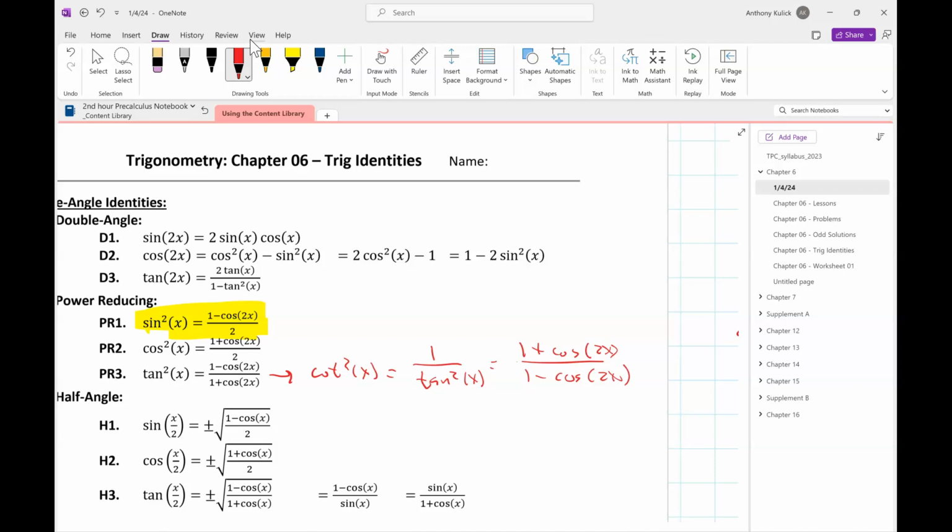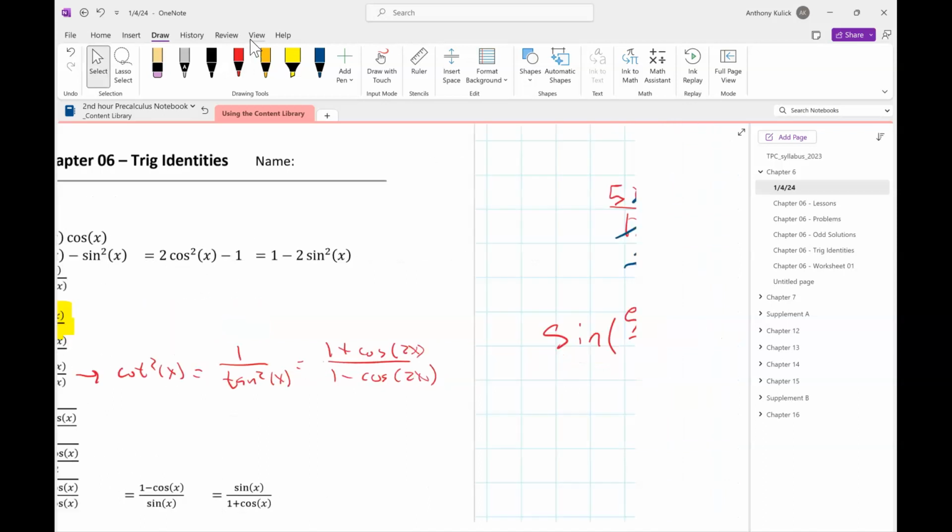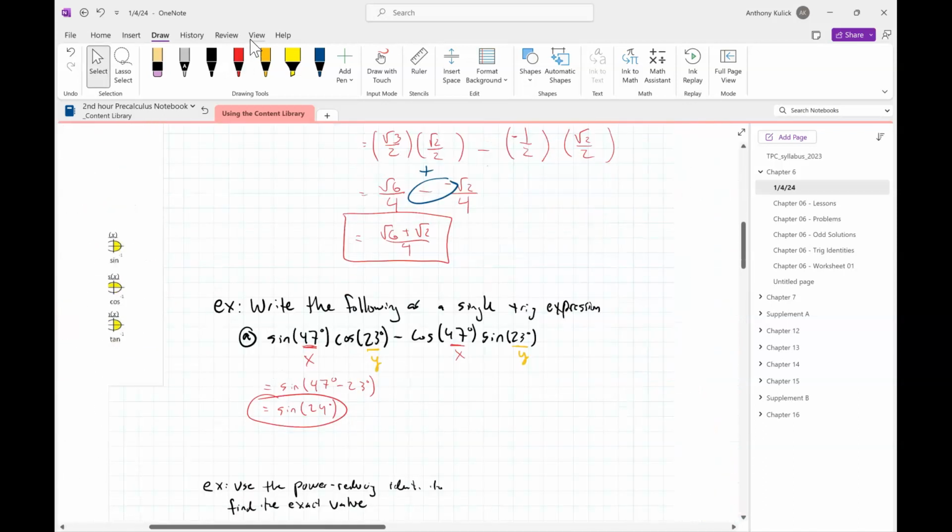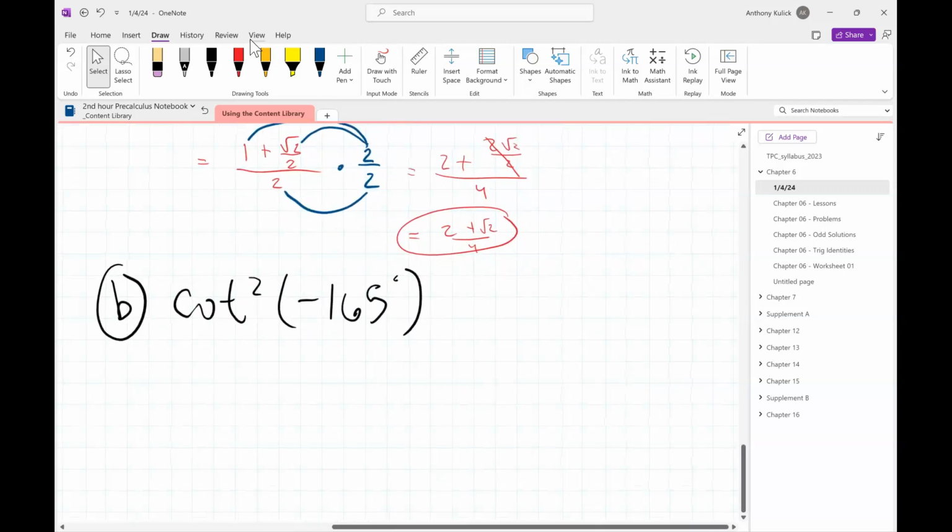The reciprocal of cosine. If I have cosecant squared, I do the reciprocal of sine, right? No problem. But I just need to remind you guys that that's why we don't have 6 formulas. 3 is fine, because all the reciprocal ones are just reciprocals. Okay. Let's finish this out then.